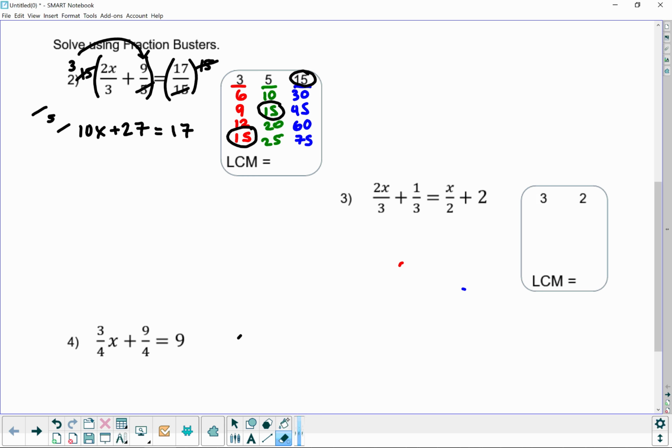Now we're dealing with this right here. We're going to go ahead and subtract 27 from both sides. I got a little bit of a lag here.